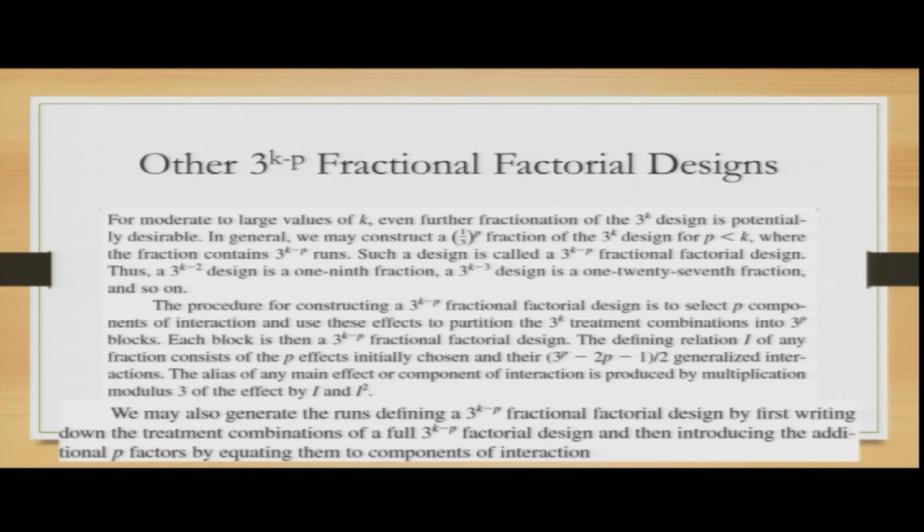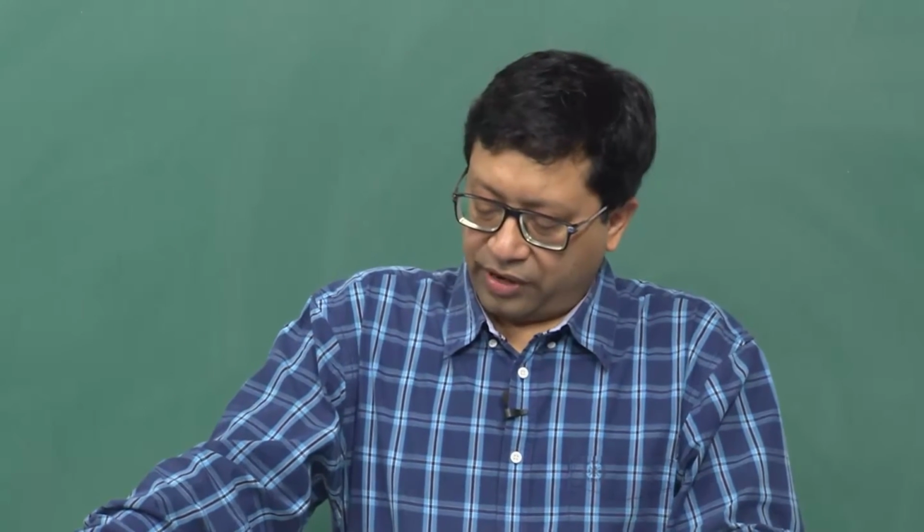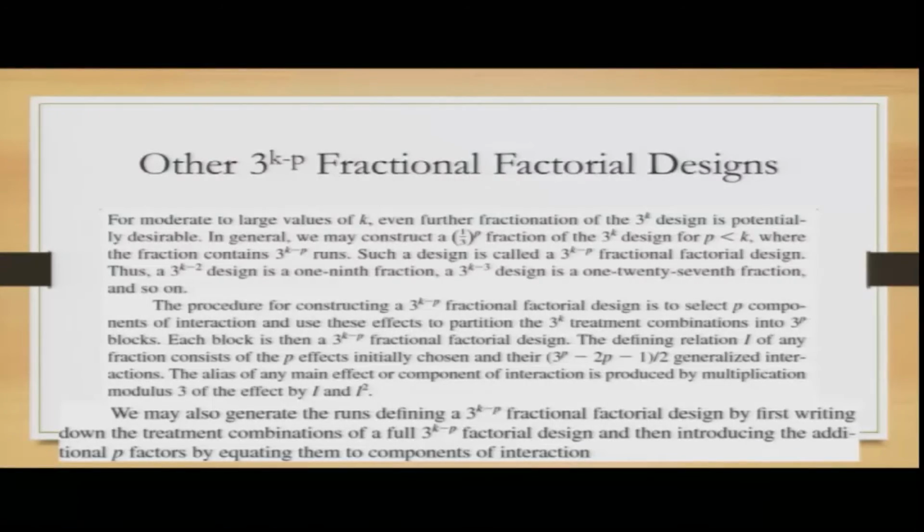The procedure for constructing the 3 to the power k minus p fractional factorial is to select p components of the interaction and use these effects to partition the 3 to the power k into blocks. The defining relationship of the design consists of the p effects initially chosen in this way.